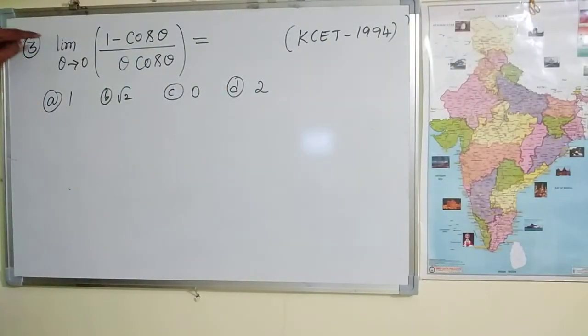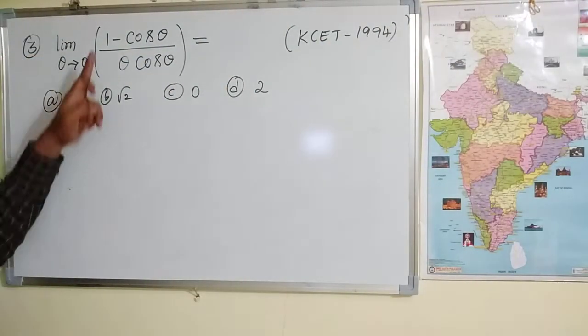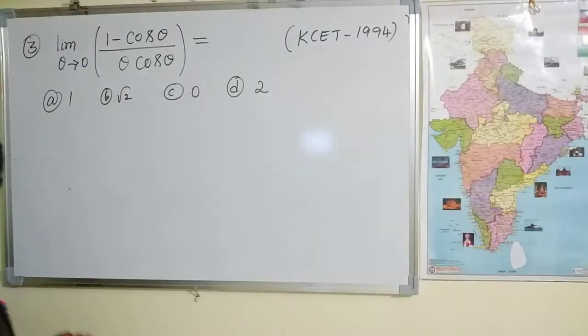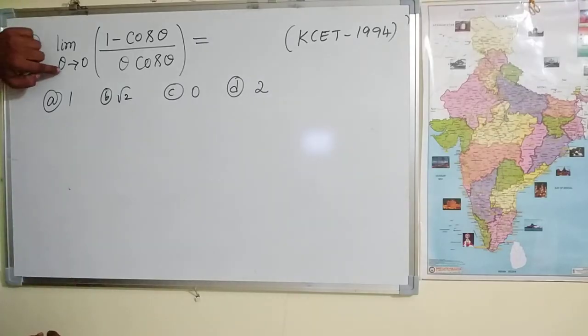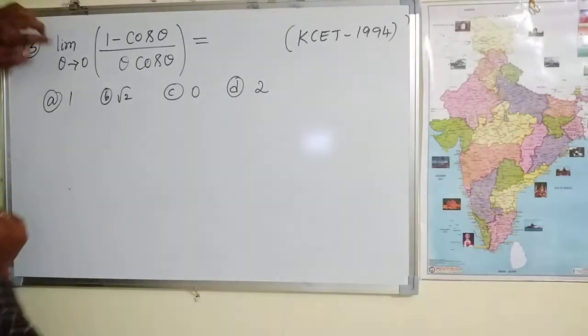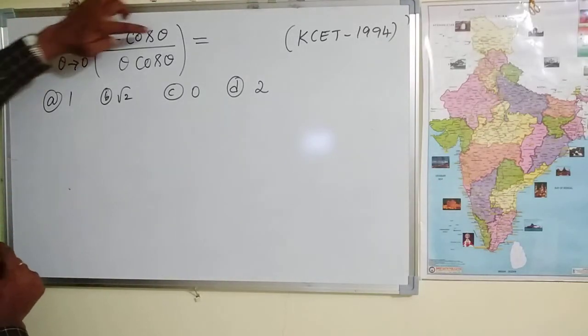See, third example, limit theta tends to 0, (1 minus cos theta) divided by (theta into cos theta). To solve this problem, since theta approaches 0, we substitute 0 in the place of theta.